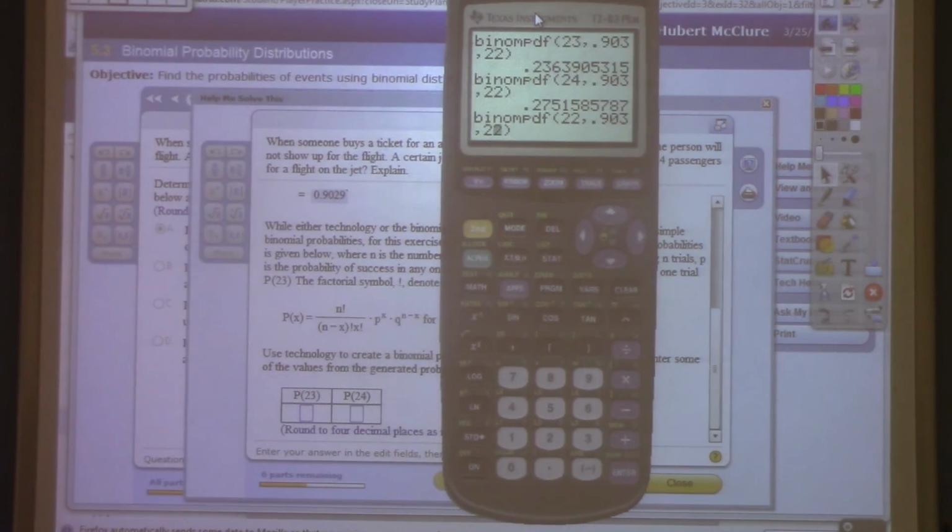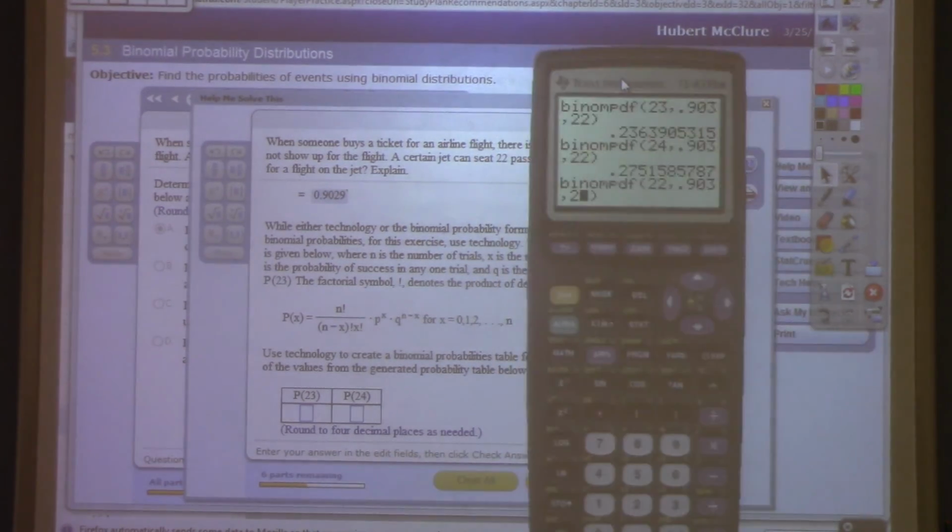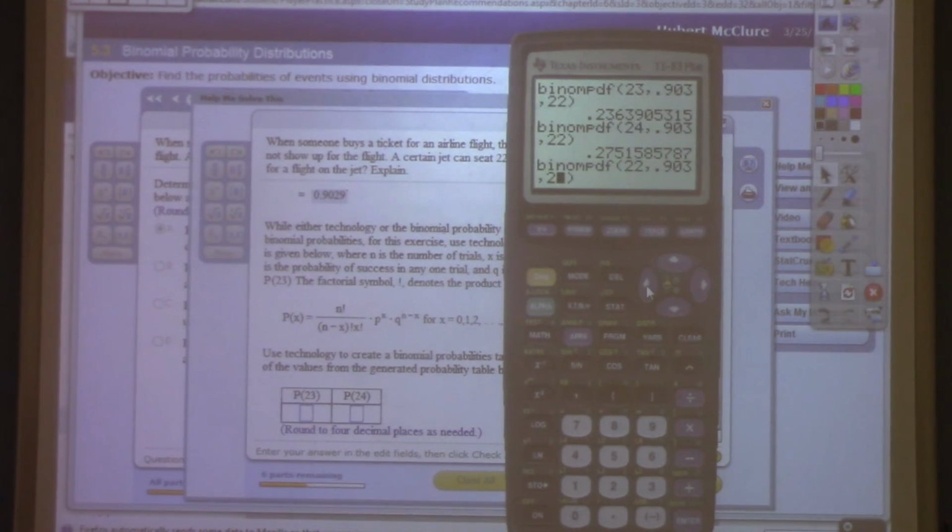Okay, we did that too. Oh, they want to know 24 shows up, 23 and 24. So put a 23 in here and a 23 in here. All right, write that down, 0.095, and let's see what 24 and 24 is. That's probably what they're doing.